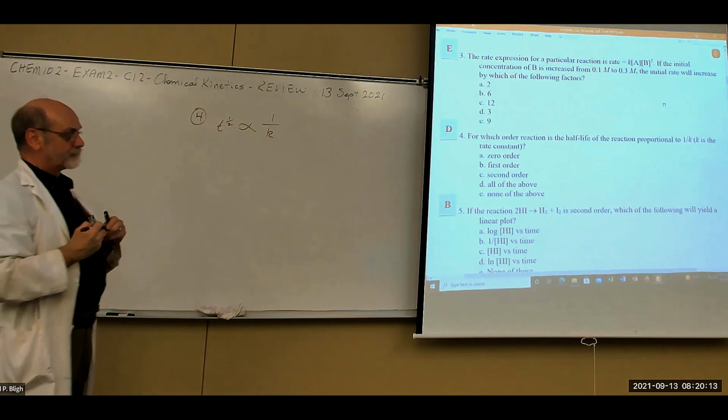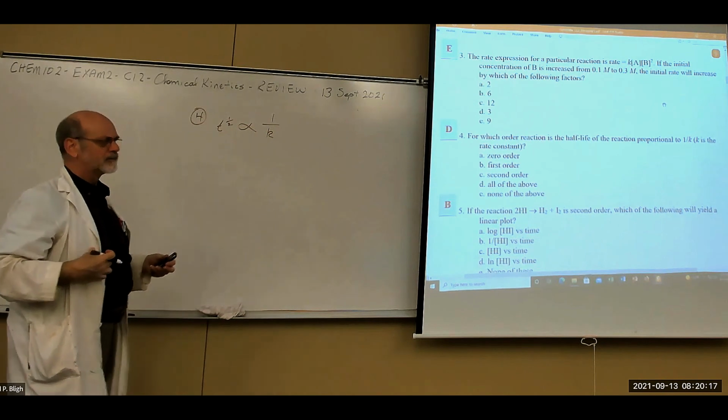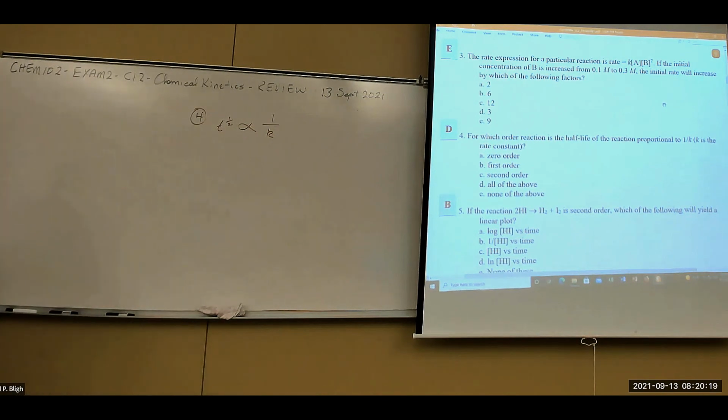Okay? Well, let's look at the half-lives for each one, if I can remember them. I need a little refresher. Here we go. For 0 order, first order, second order.